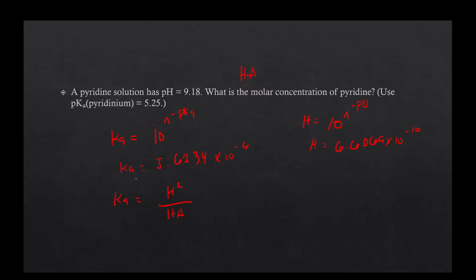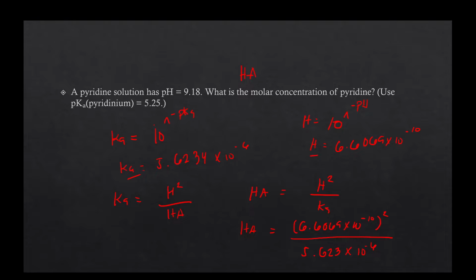Okay, so we have Ka, we have H. All we need is HA. So HA equals H squared over Ka. HA equals 6.6069 times 10 raised to negative 10 squared over Ka, which is 5.623 times 10 to the negative 6.